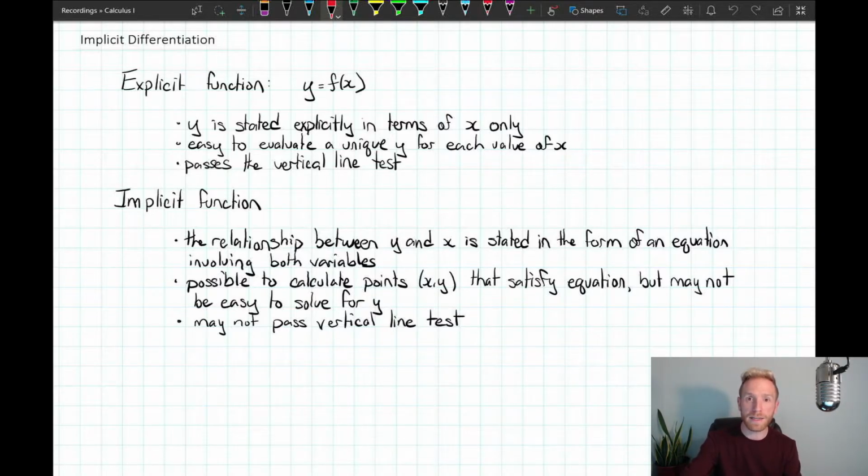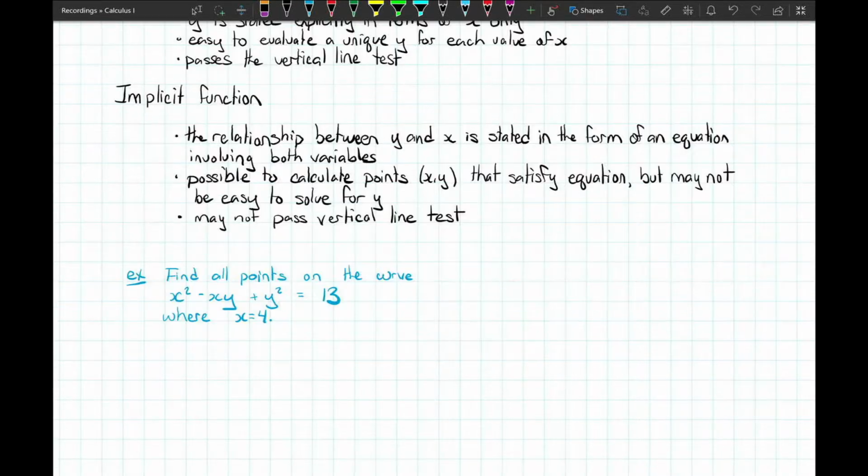So why don't we take a look at an example? Here I've got a curve, x squared minus xy plus y squared equals 13. There might be more than one point on this curve where x equals 4. It doesn't have to pass the vertical line test.